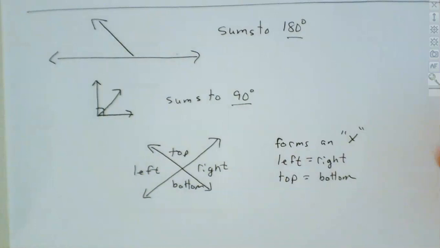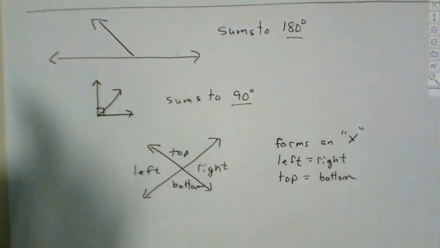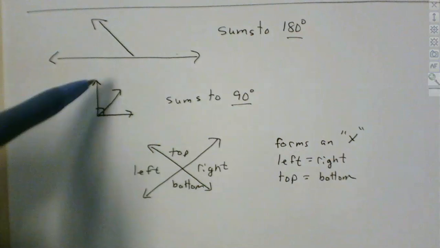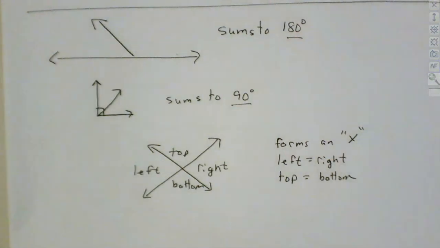Okay, so those equal each other. So if it makes an X, the top equals the bottom, left equals the right. If it looks like a straight line, they add to 180. If they make a right angle, this is called a right angle here, they add to 90 degrees. So depending upon which one we have is what we'll be working with.